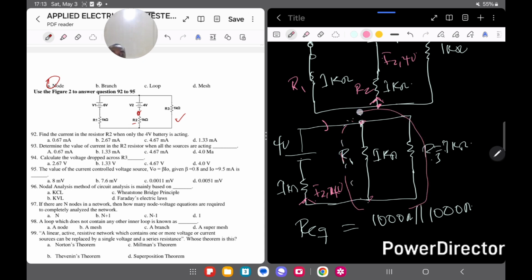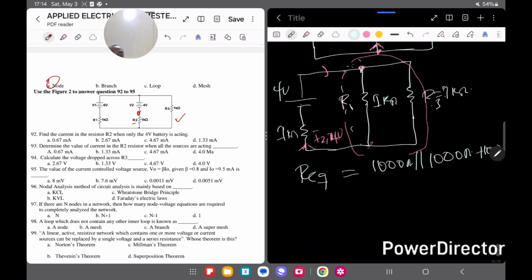Once it's done, the value here will now be in series with another 1000 ohms, which is the resistance here. So add plus 1000. When you simplify this, the easiest way, once they are the same, is that the equivalent resistance here is going to be 1000 divided by 2.